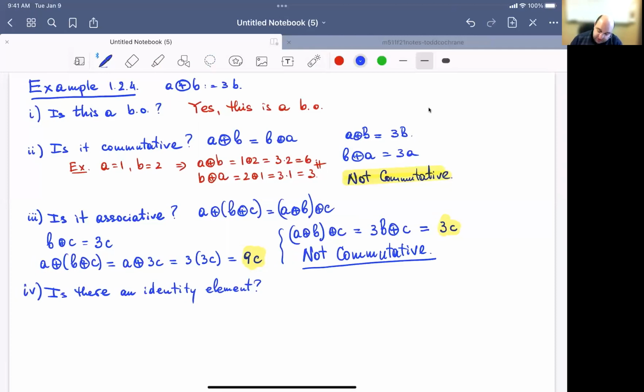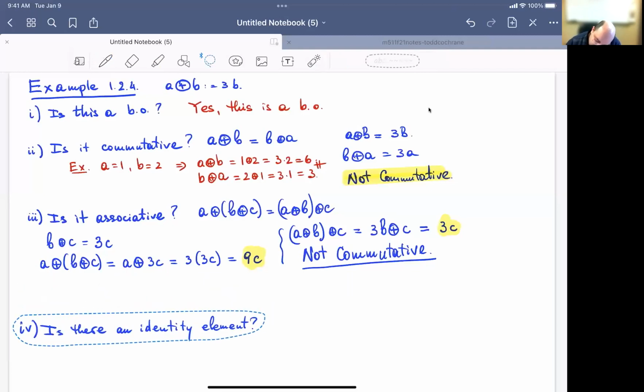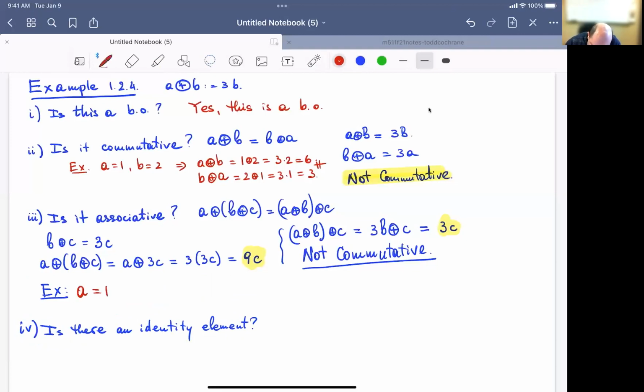Another way of doing it is just by taking an example. So for instance, let's move this a little bit down. Another way to see that it's not commutative is to take a equals b equals c equals 1.